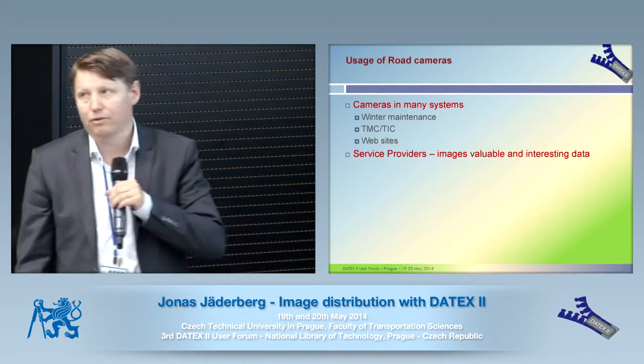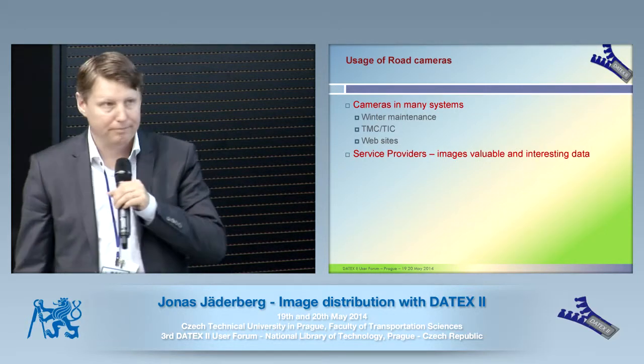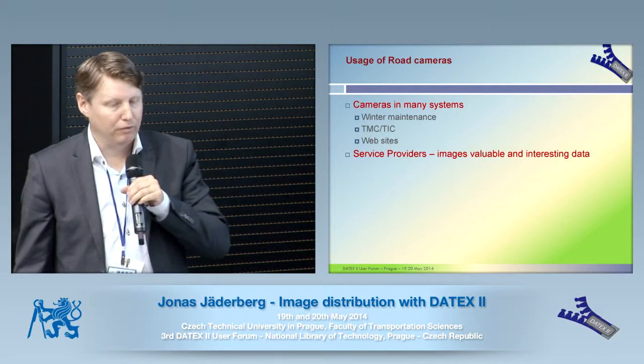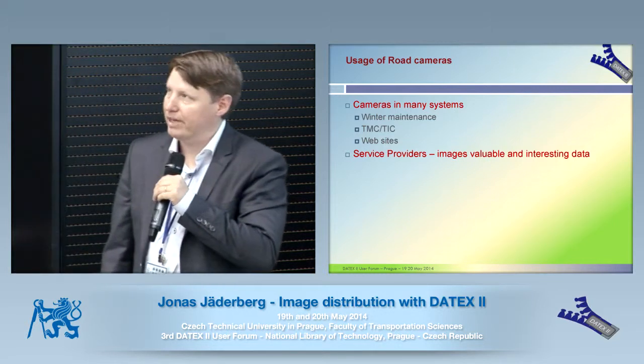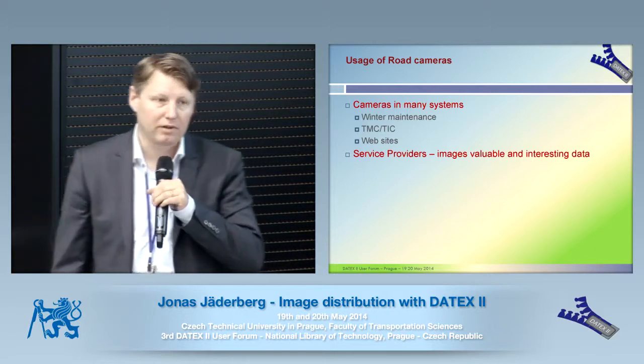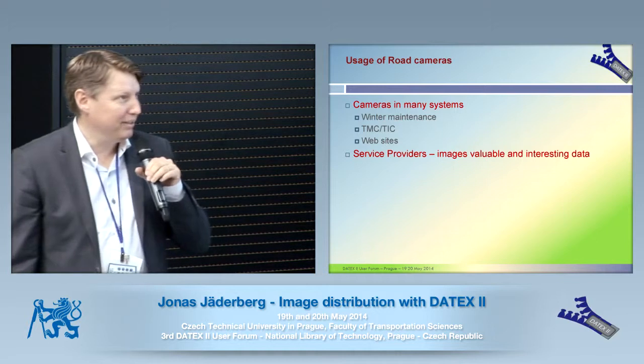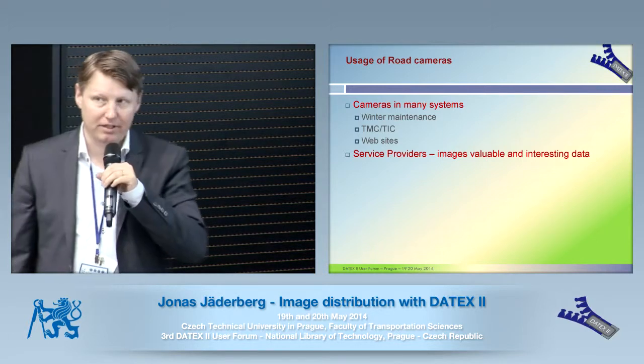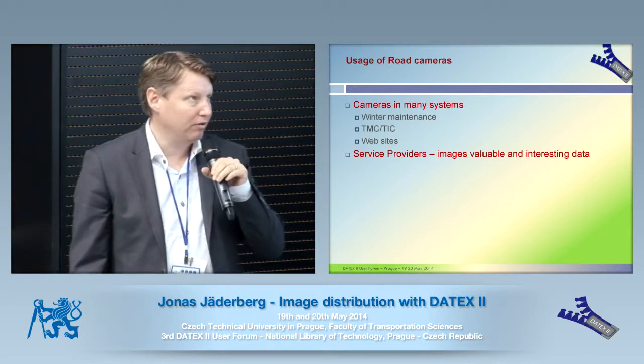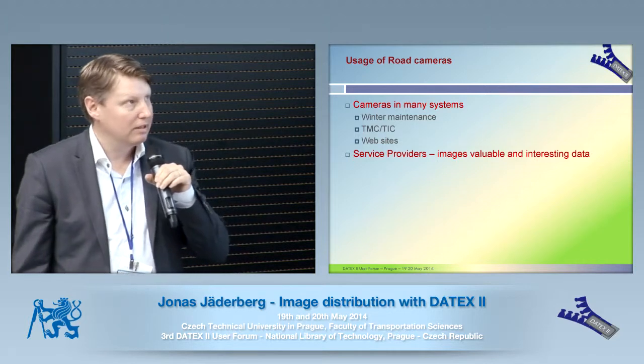And these cameras are used in many internal systems. Of course, they are used for winter maintenance to see the road surface. Traffic management centers and traffic information centers are, of course, using these images as well.